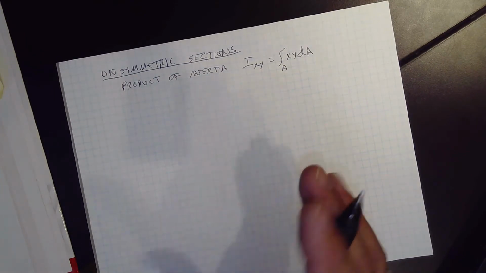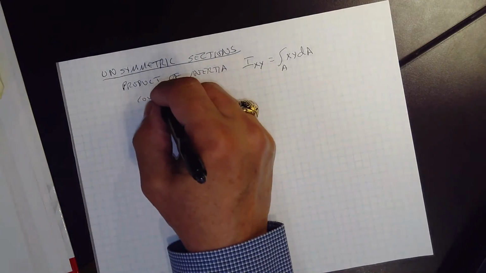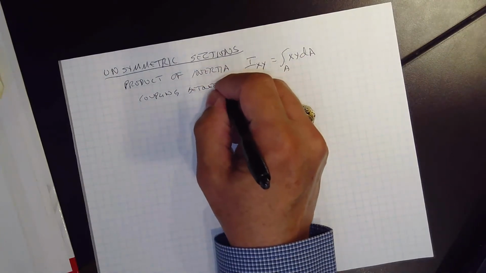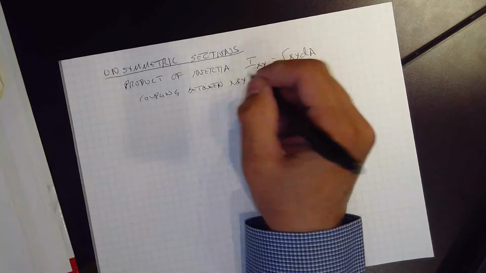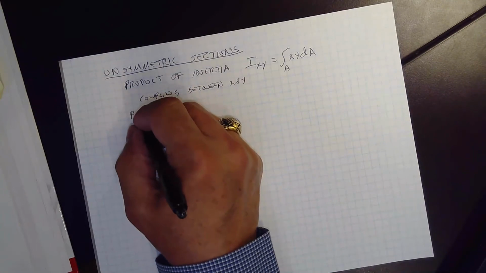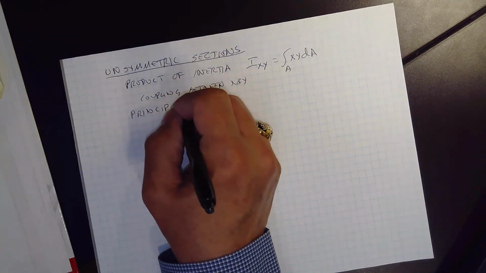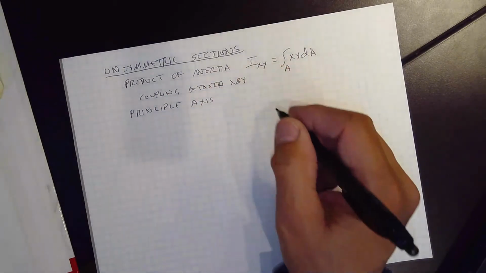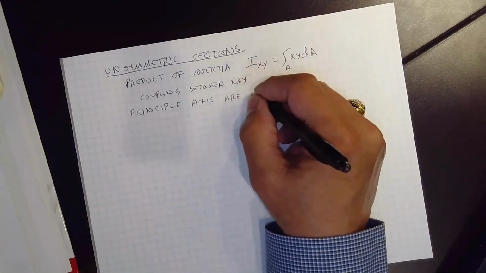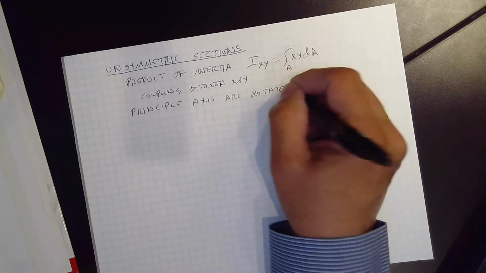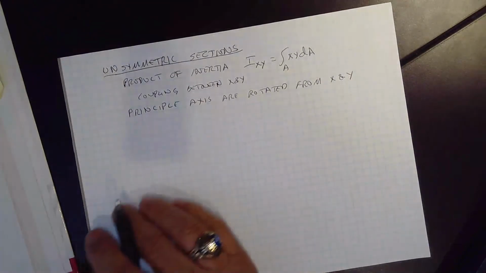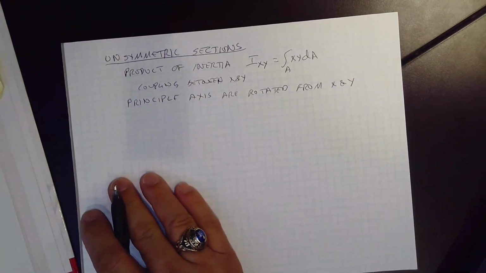That implies that there's coupling between x and y. And it means that the principal axes are not in the xy plane, are rotated from x and y. We draw these axes to be convenient for us for one reason or another.